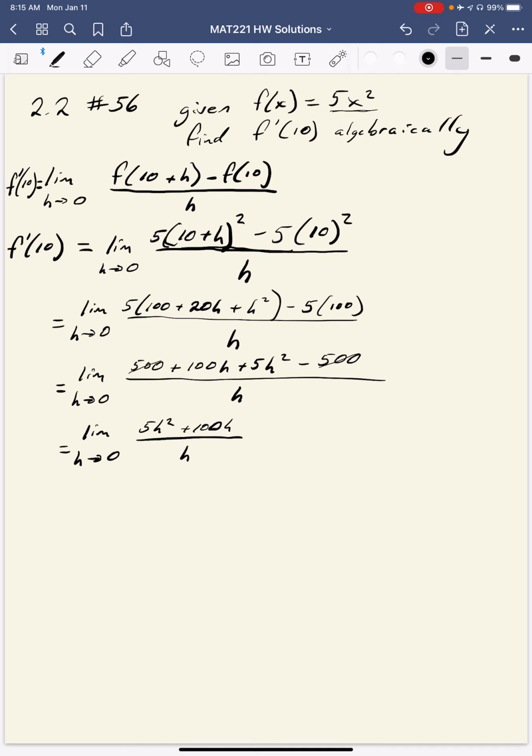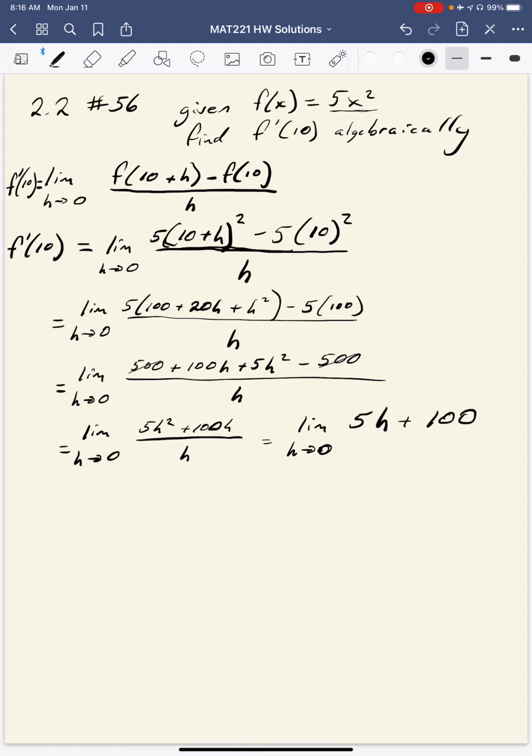Now I can do a little bit more cleanup algebraically. And I see that what I have here is the limit as h approaches 0 of the 5h squared over h leaves me with 5h. 100h over h leaves me with 100.